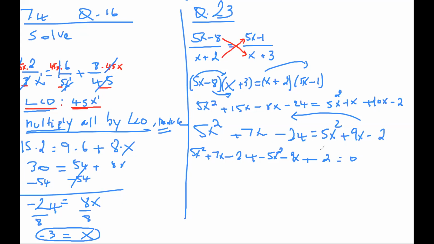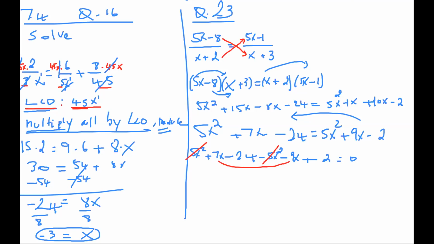Now, let's simplify here. So what happens to this side? Start with the 5x to the second. What happens to 5x to the second and negative 5x to the second? These actually cancel out. 5x to the second minus itself cancels out, and then combine these two.